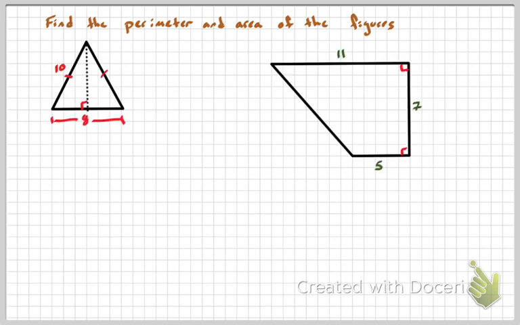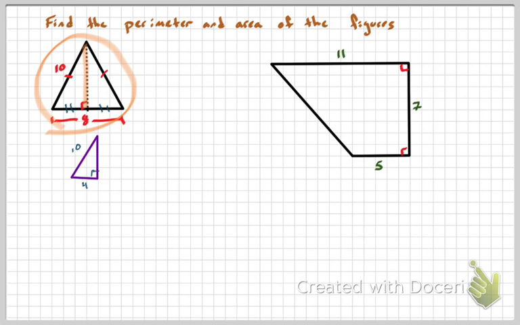The big thing to note, guys, is whenever you have an isosceles triangle with the altitude drawn in, remember that's going to bisect this right here. So that means that to solve for that altitude, I would have a triangle that would be 10, and this would be 4, because the altitude's bisecting the base in any isosceles triangle.